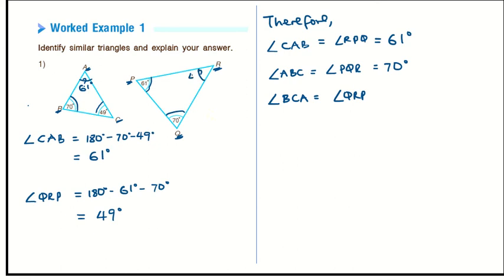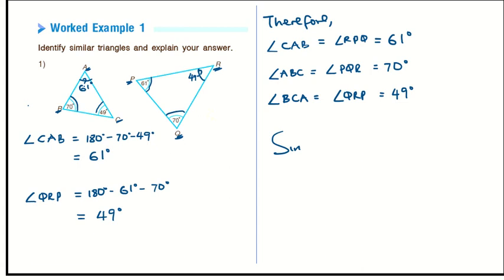Remember, here we have 49 degrees. So, angle BCA equals angle QRP and equals 49 degrees. Now, you can note that all the corresponding angles are equal. You see that?